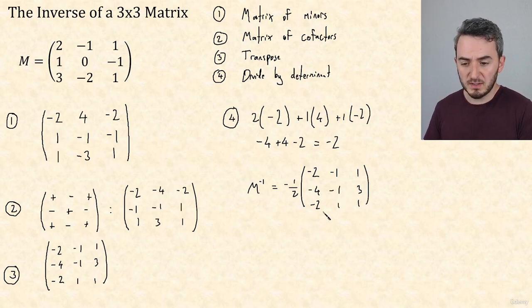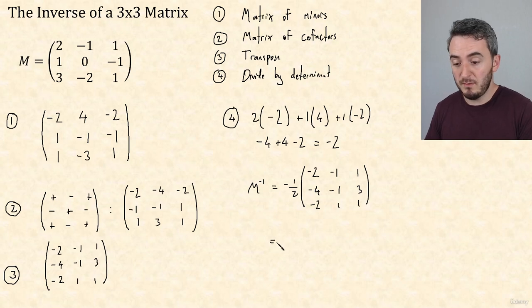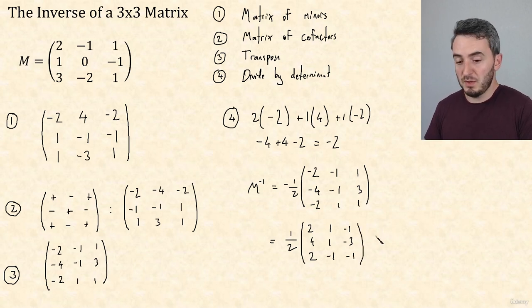I see quite a lot of negatives here, so I might choose to bring the negative inside. So one totally equivalent way of writing it would be a half times, and bring the negative inside, giving me 2, 1, minus 1, 4, 1, minus 3, and 2, minus 1, minus 1. And indeed, if you wanted, you could also just bring that half inside as well.